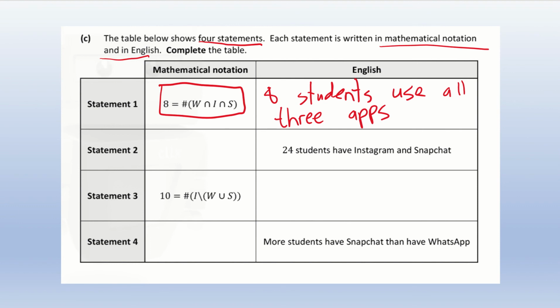Our next one, you're given an English sentence and you have to work backwards. So 24 students have Instagram and Snapchat. If we use our first question here to help us out, we're going to have 24 first. And remember, we're talking about the cardinal number as well. It's going to be very similar to what's up above. Number of people who have Instagram and Snapchat.